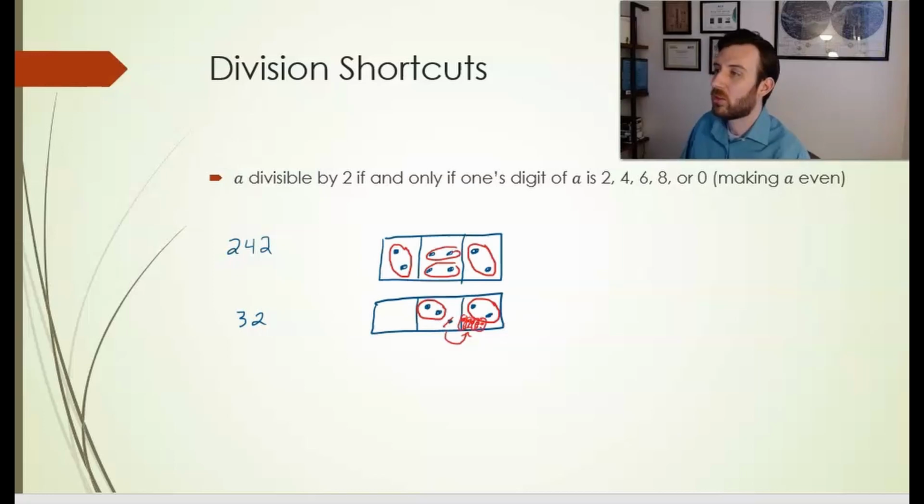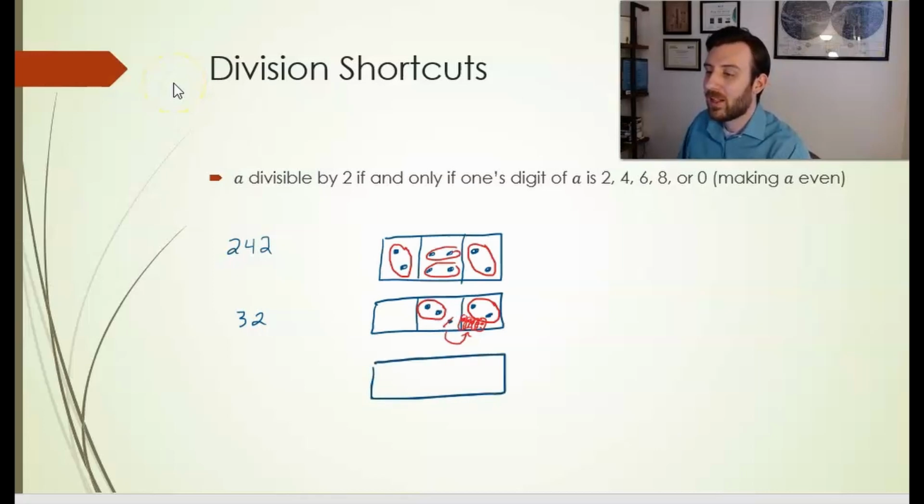In other words, even if we have a dot that is in the hundreds place, we will be able to take that dot and exchange it for groups of 10. And even if we don't recognize that the 10 groups of 10 can be grouped already, and instead we exchange each of those 10 dots for 10 ones, we will still be creating groups of 10 in the ones place.